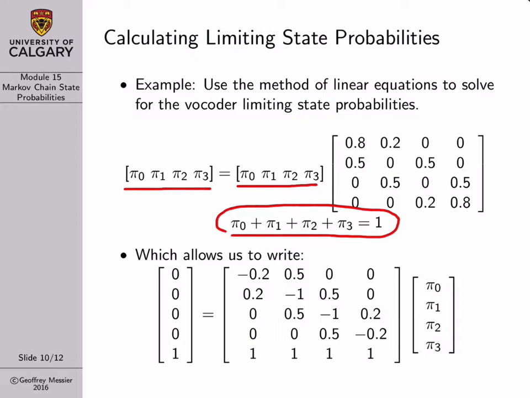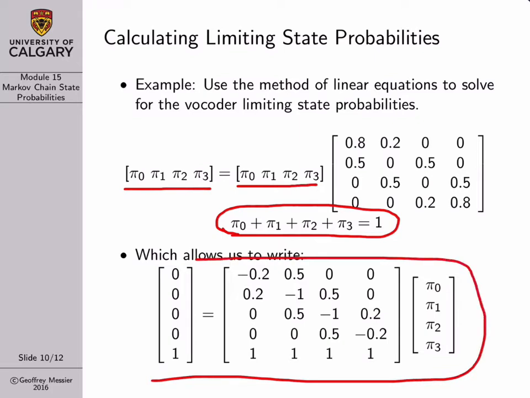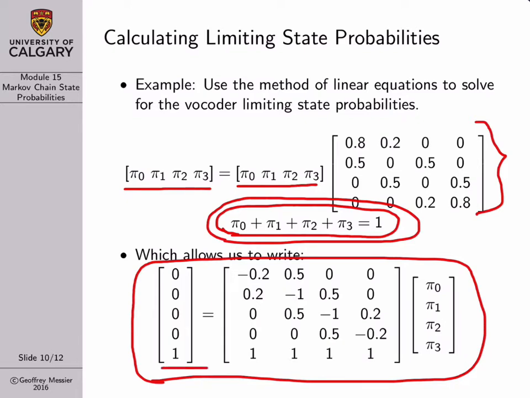So if you expand out this first matrix equation and you manipulate it a little bit and you combine it with the second summation equal to 1, you get a system of linear equations that looks like this. And again, the system of linear equations we have on the bottom of the slide here is just a manipulation of this first matrix equation, and then we essentially tack this second summation equal to 1 on the bottom.